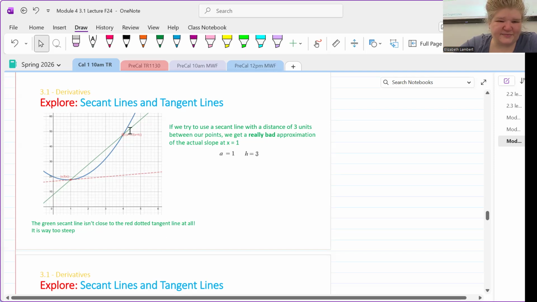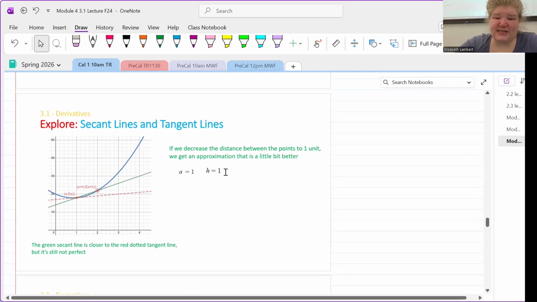So here, Chris picked an A value of 1 and an H value of 3, and those are ridiculously far apart. We end up with that green secant line drawn between them. That slope is way off from the red dashed tangent line.